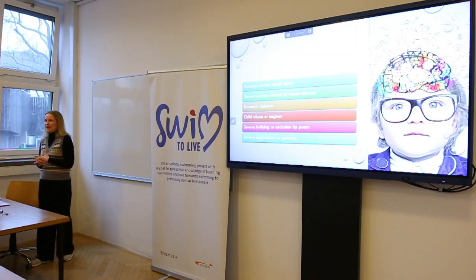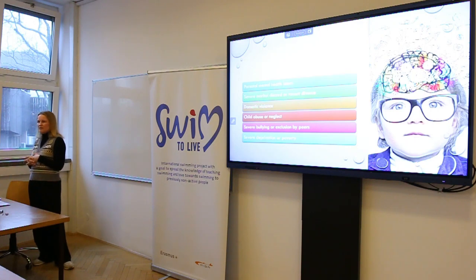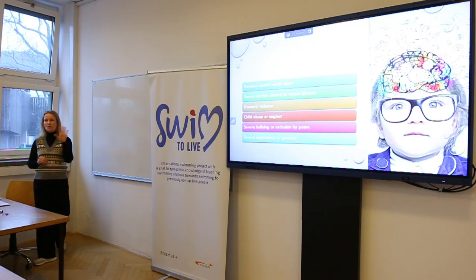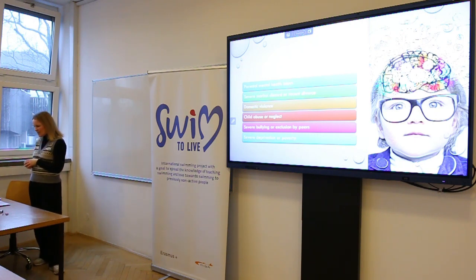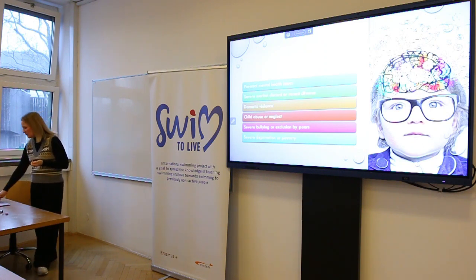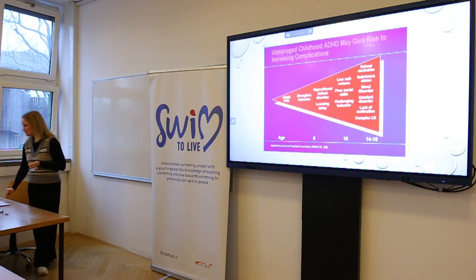So if we have parents with their own mental disorders, a high conflict marriage, a conflict or recent divorce, violence, abuse, severe bullying, of course the child will present with more symptoms and more comorbidities. So we have to address all these problems during our assessment. And of course poverty and severe deprivation is also a cause for worse outcome.